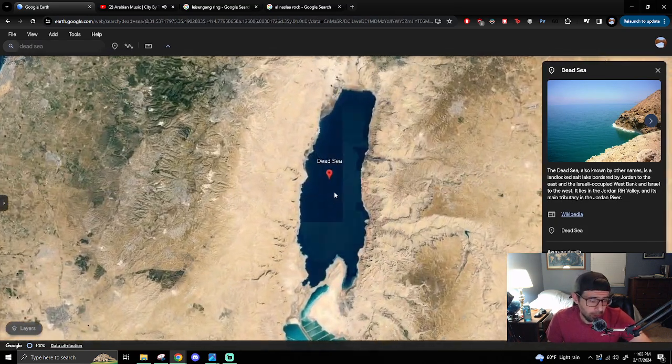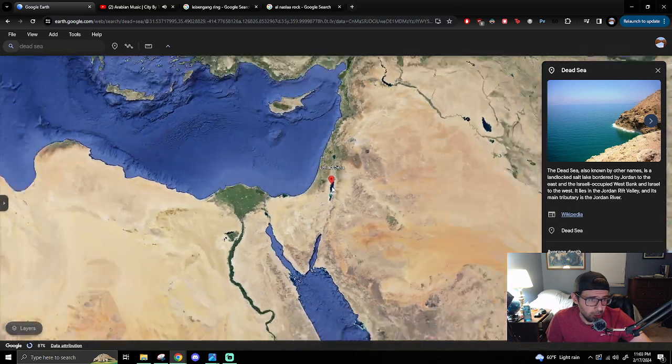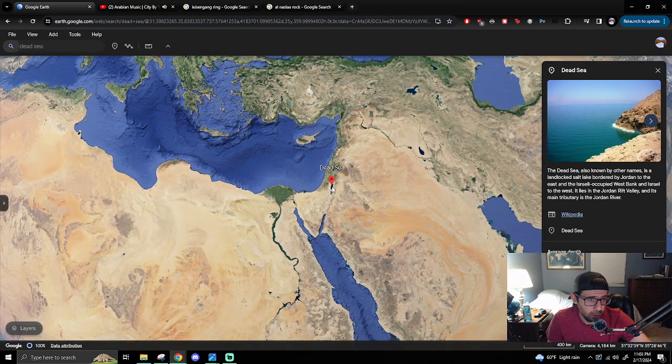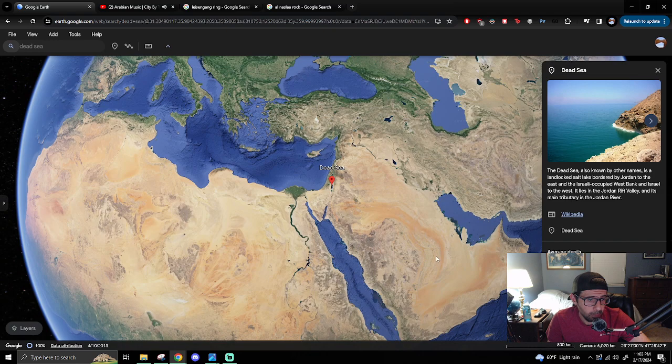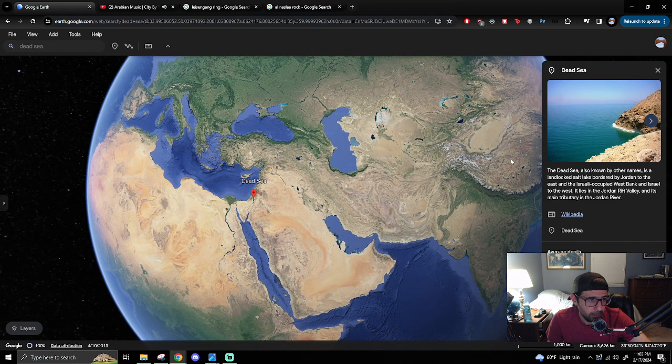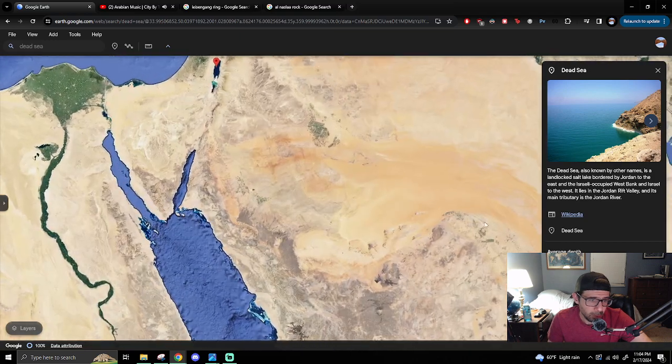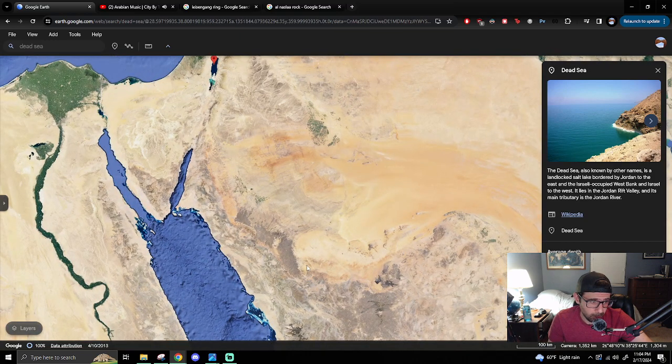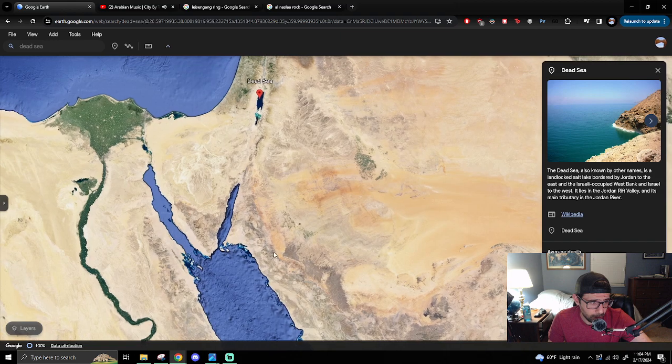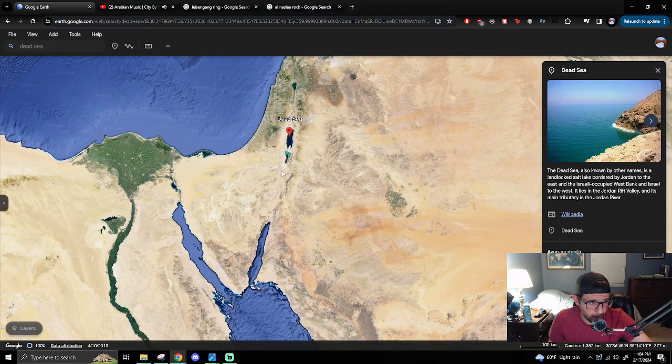Oh, there's the Dead Sea. Almost like all these currents were forced this way, and then up this way, and then up this way.